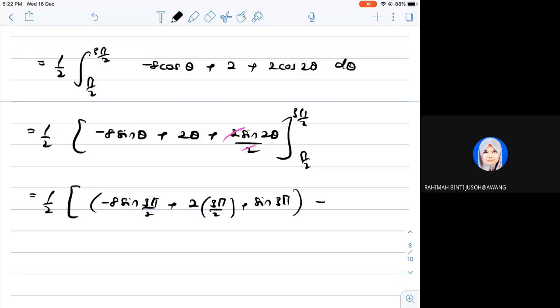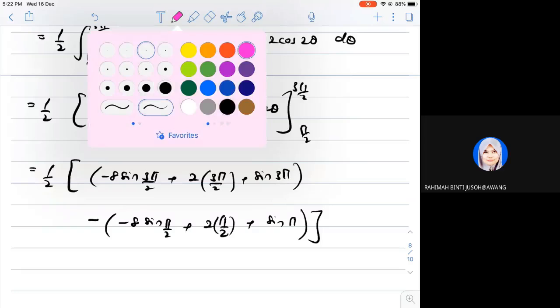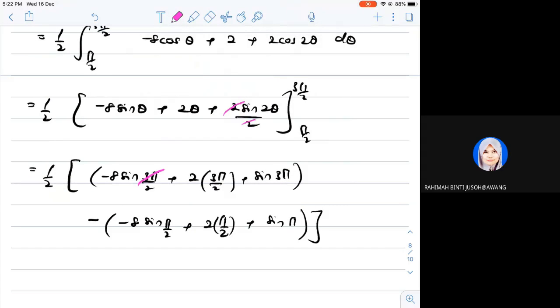Minus, okay, I will copy here: negative 8 sine pi over 2 plus 2 times pi over 2 plus sine 2 times pi over 2, which is sine pi. Alright, so here sine 3 pi over 2 is negative 1.